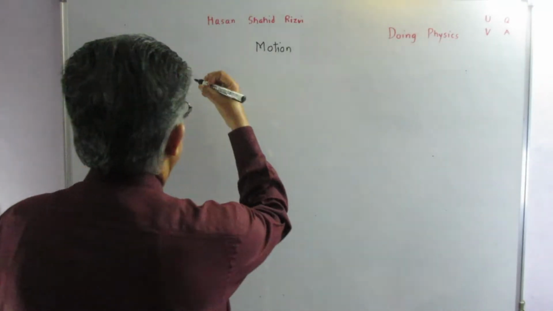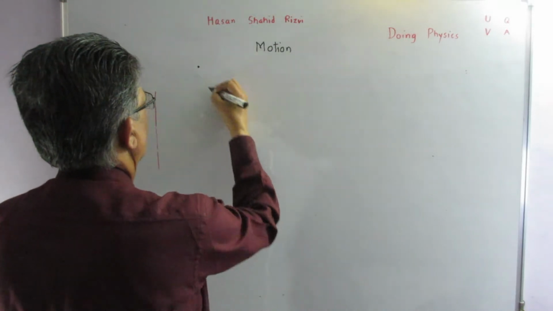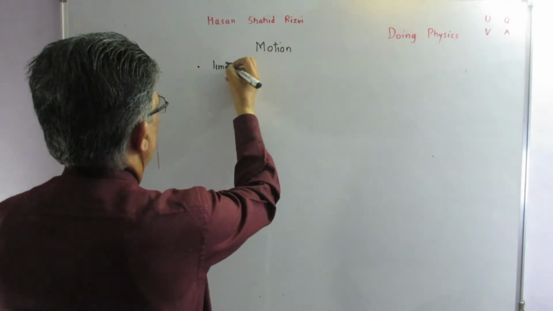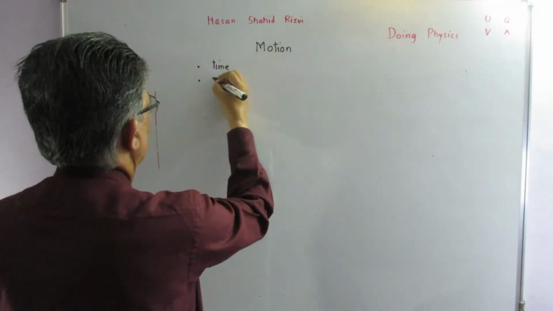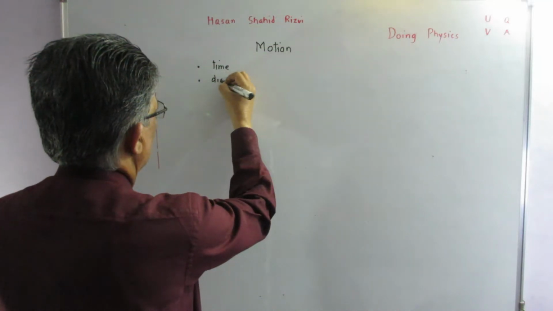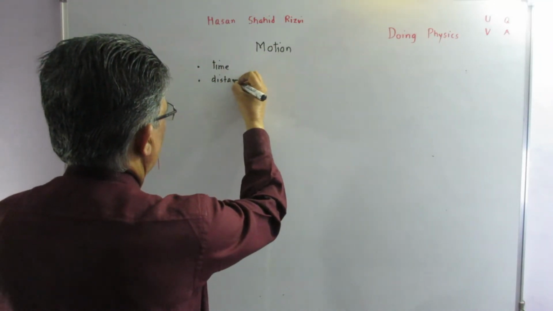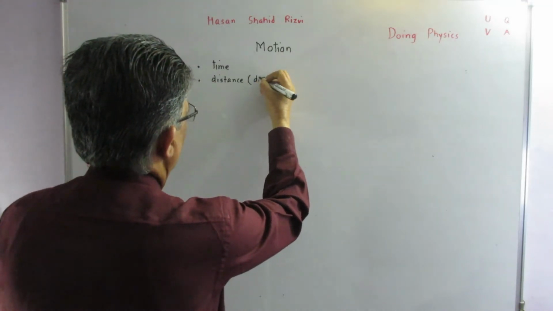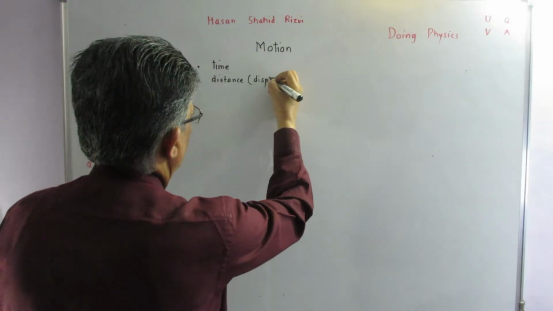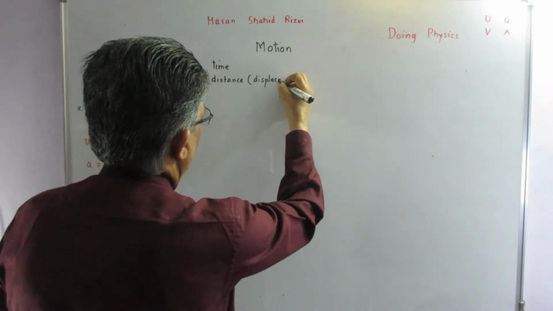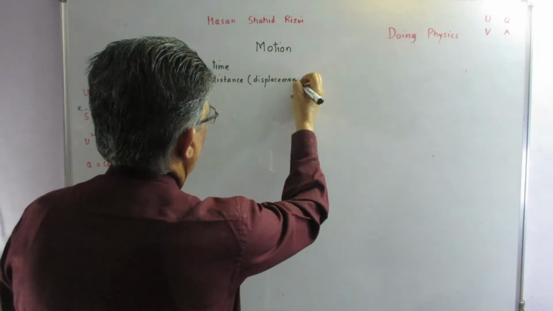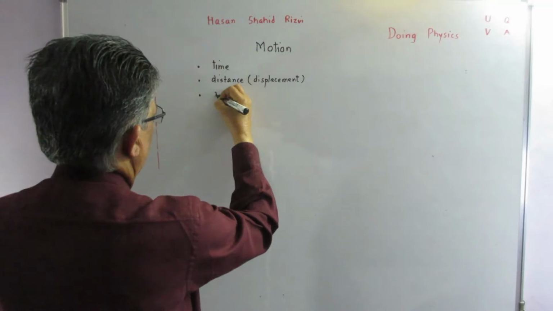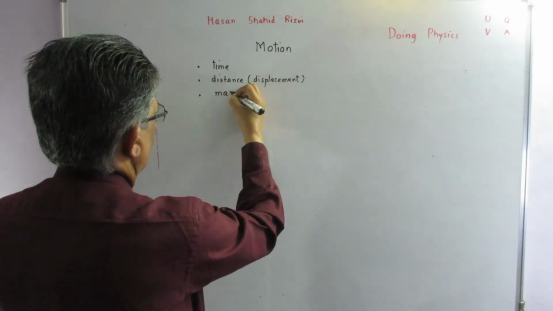Like you have number one, time, the concept of time, the concept of distance or displacement, and their correlates, and the third thing is about mass.